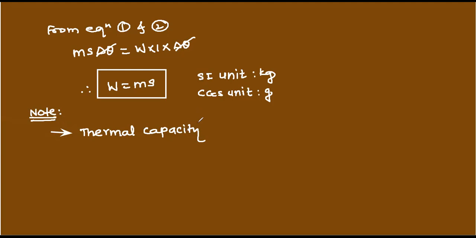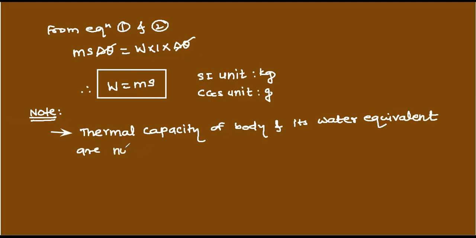Thermal capacity of the body and its water equivalent are numerically equal. Numerically equal means what? Their value will be same but not units.